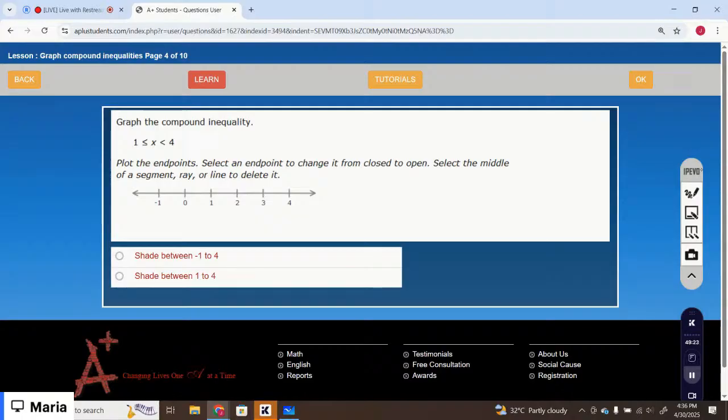That is shade between 1 to 4. Option number 2 is the correct option.